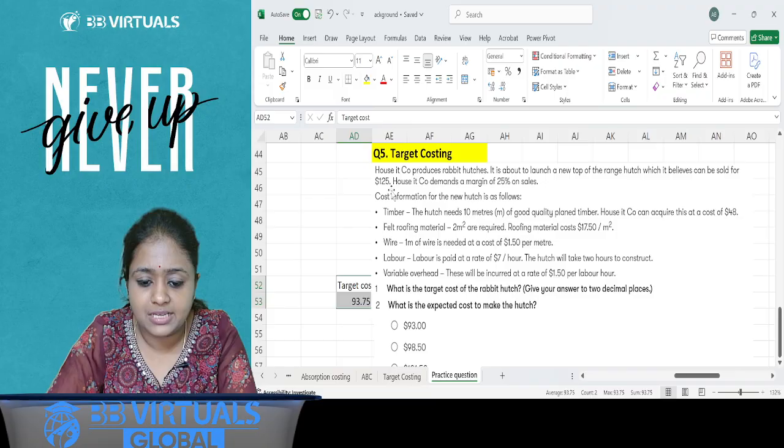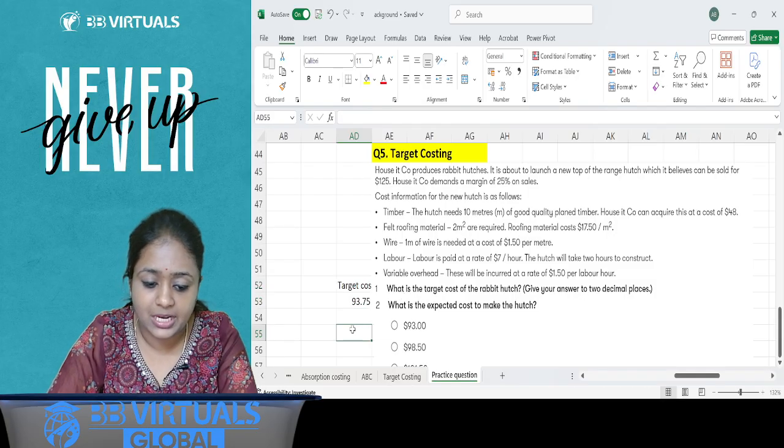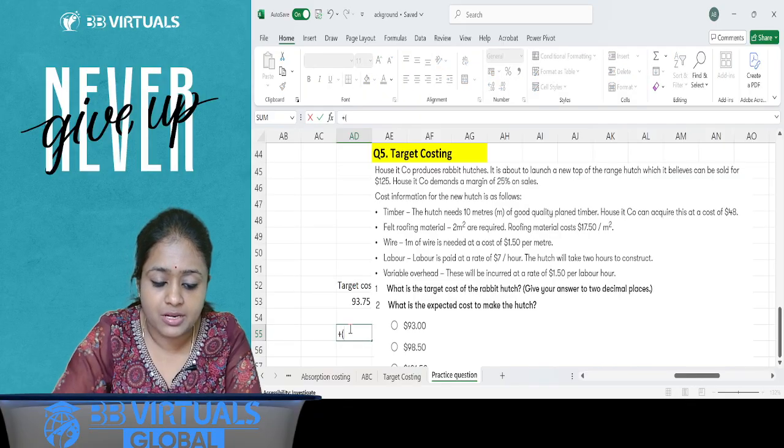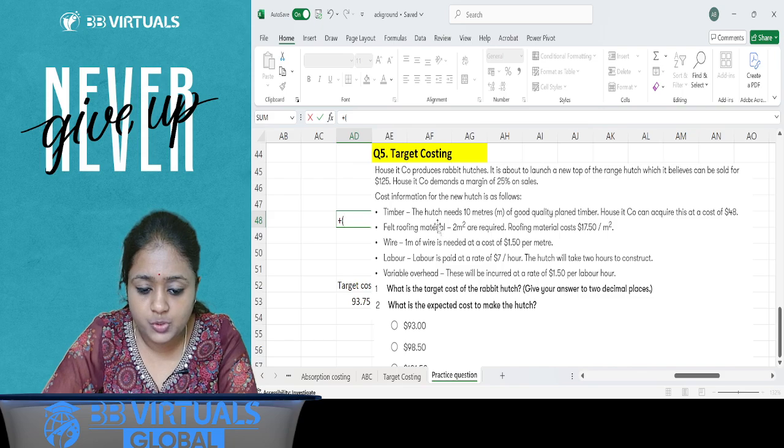Now let's go to number 2. Cost information for the new hutch is given below: timber, felt roofing material, wire, labor, variable overhead. What is the expected cost? Let's calculate it. The hutch requires 10 meters of timber.